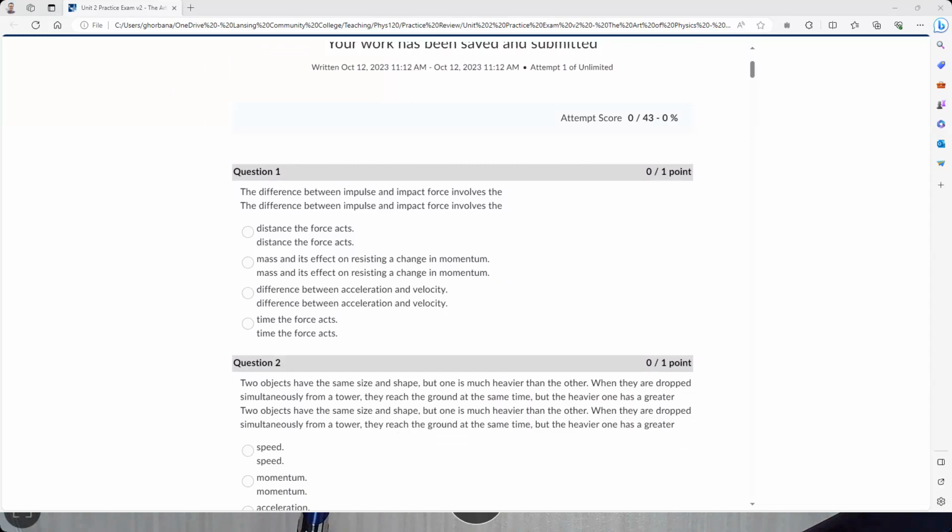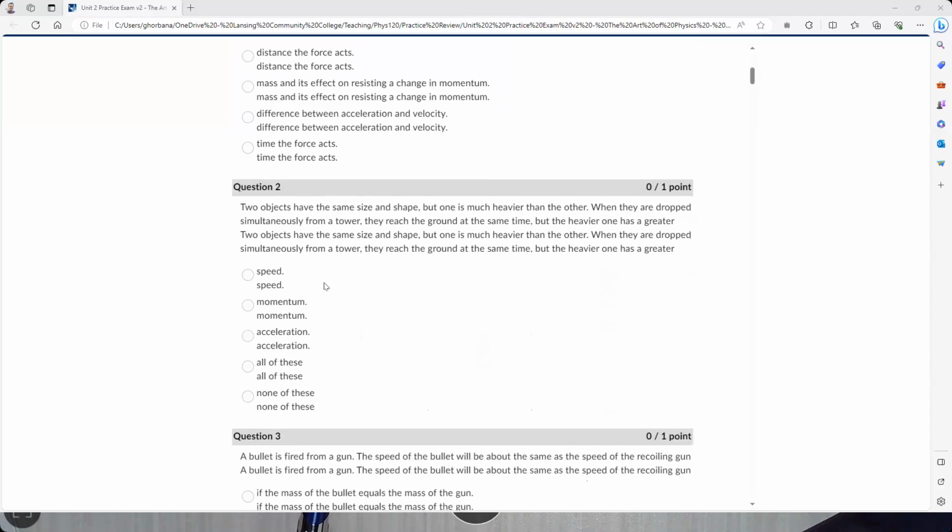We know that the formula of impulse is F times delta t equal to the change of momentum, yes? So it means that just the time and the force acting on it would be involved. So the right answer will be this one: time, the force acting. So move on to the next problem.